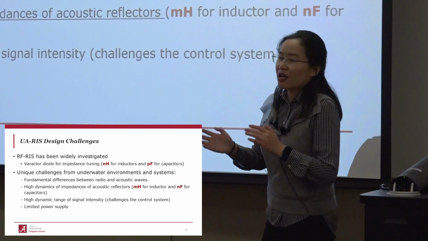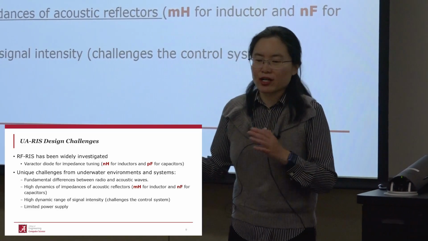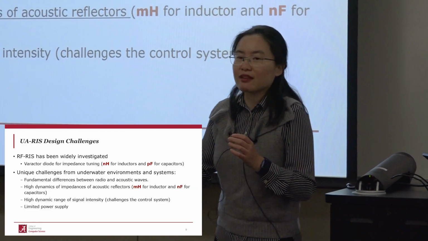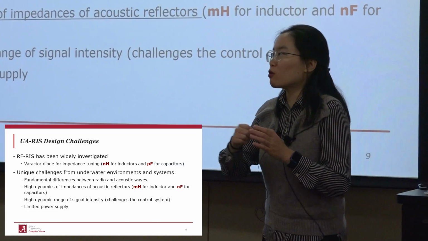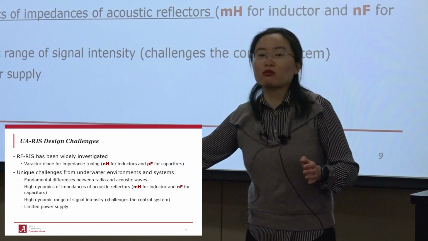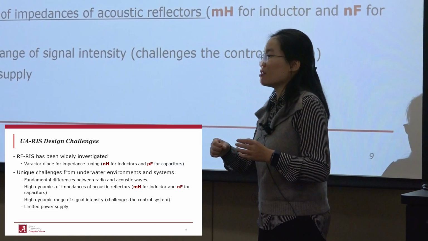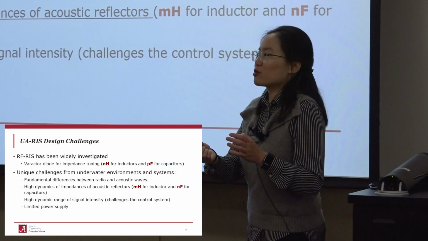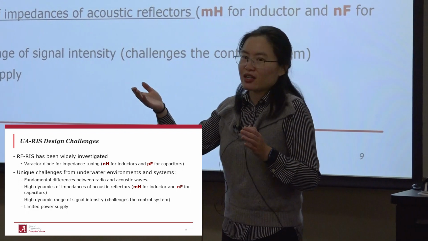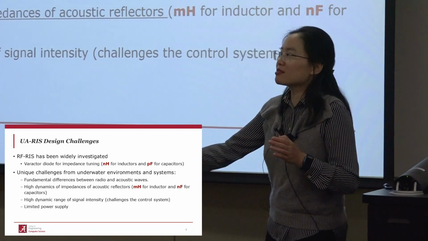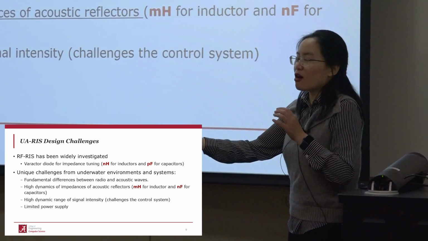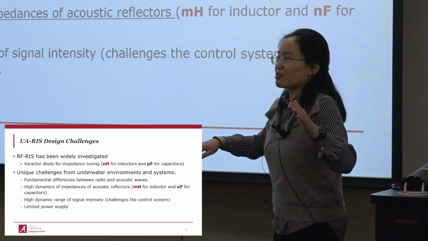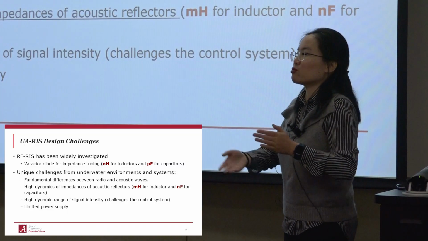That is what we identified during our experiment, because an acoustic signal can, for example, travel like 1,000 kilometers. So if you imagine one reflector that is 100 meters away, and another reflector that is 1,000 meters away, those two reflectors should produce a very severe difference in the received signal strength.